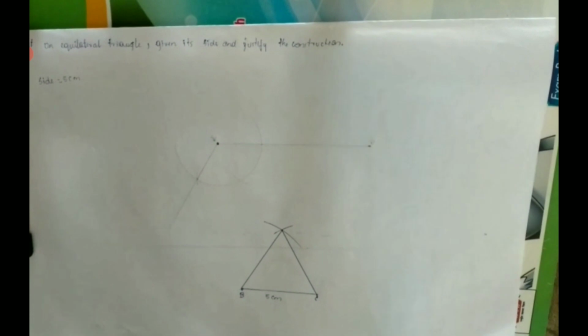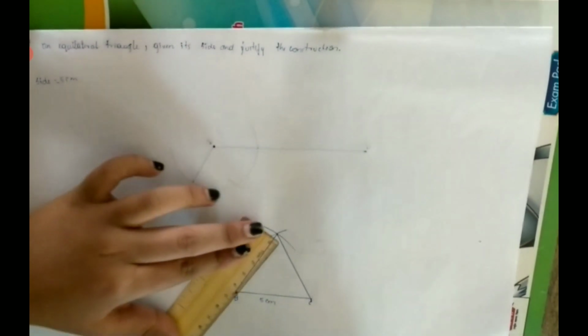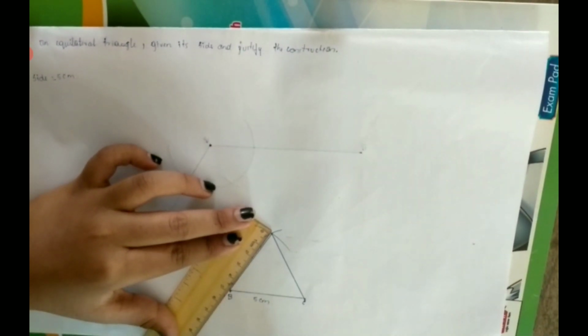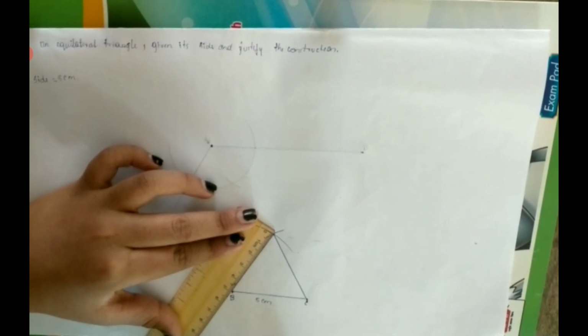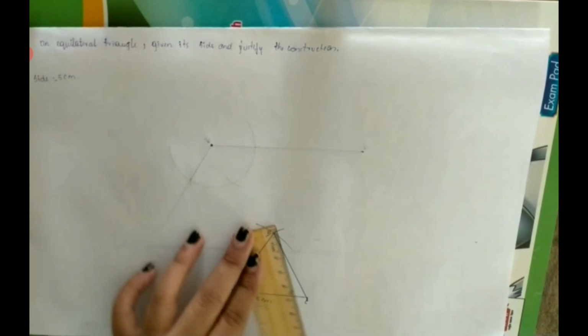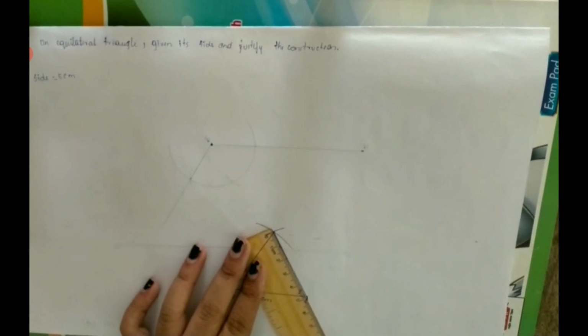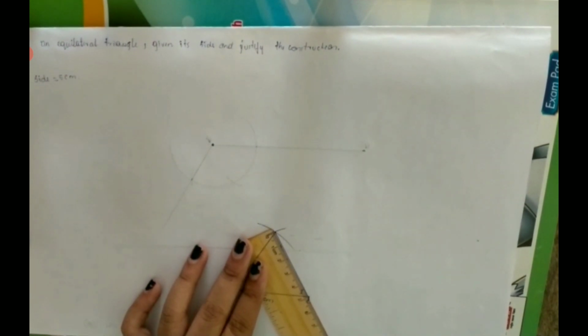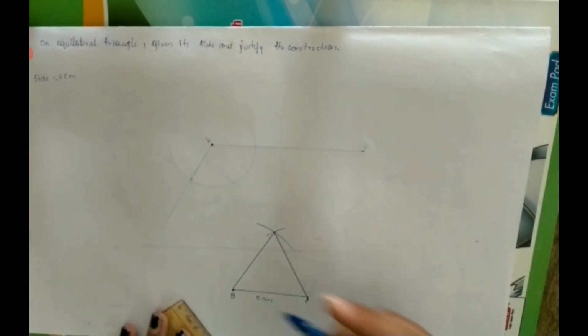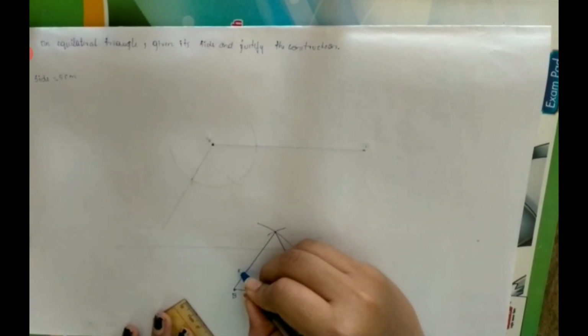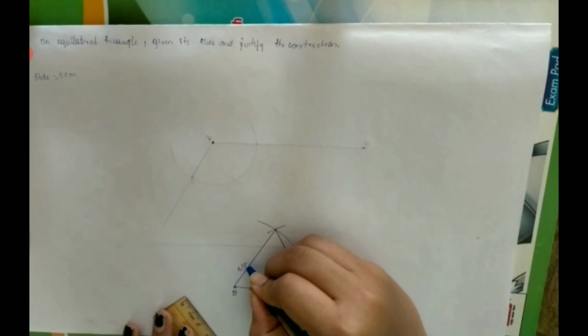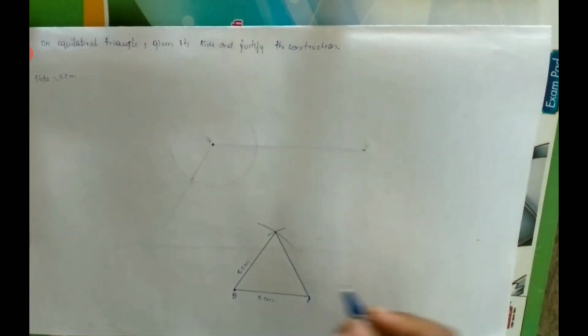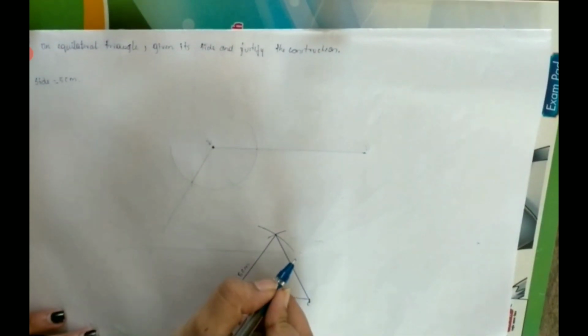Now you got the third vertex and each side is of 5 centimeter length. So it is an equilateral triangle of side 5 centimeter. This is 5 centimeter and the other side is also 5 centimeter.